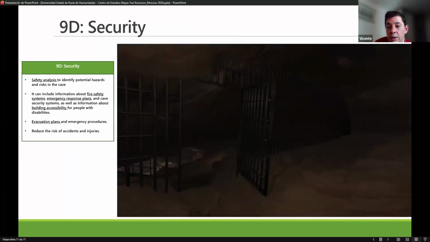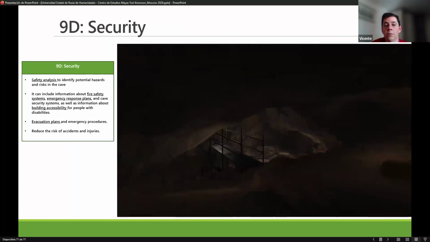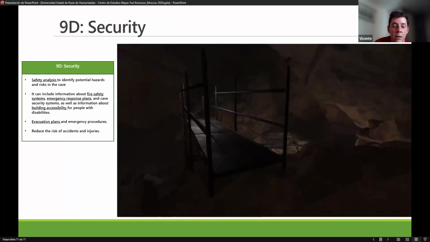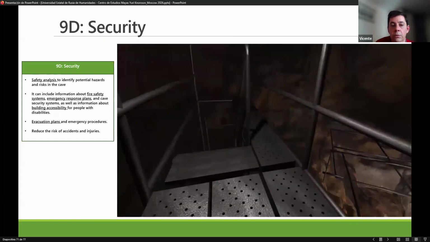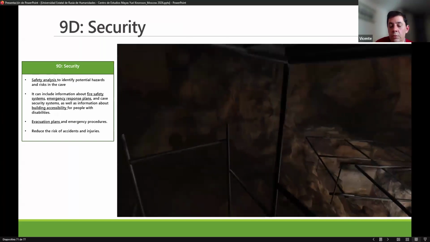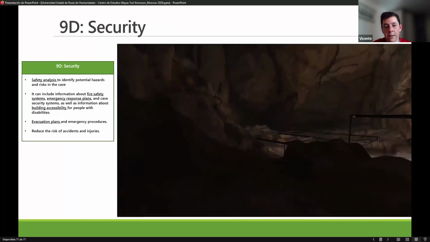And 9D is the security. Security means all the fire safety, all the safety analysis, the emergency response if you have one person that has a problem, a heart attack.